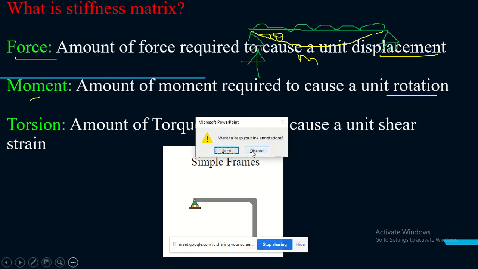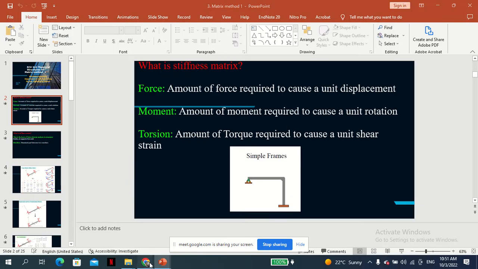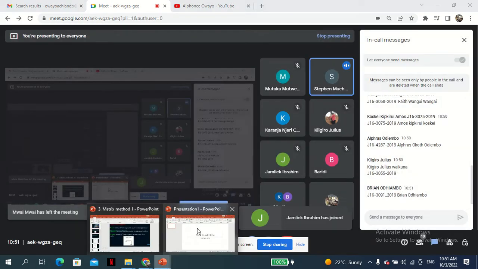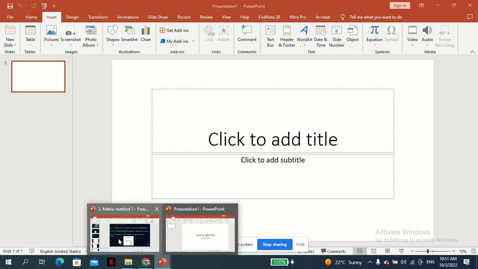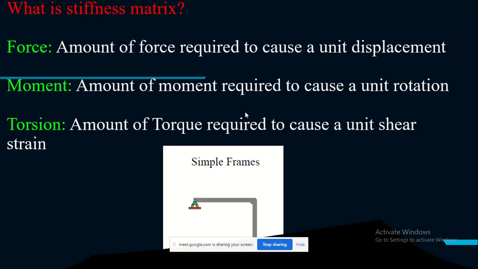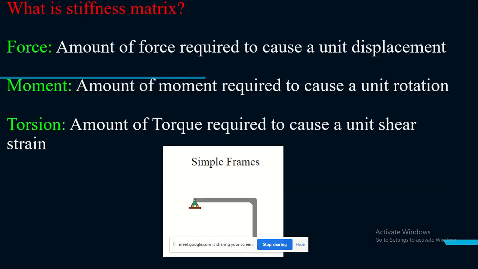Now, I mean the stiffness matrix. Stiffness is defined as, for a force, the amount of force that can cause a unit displacement. For a moment, it is the amount of moment that can cause unit rotation.